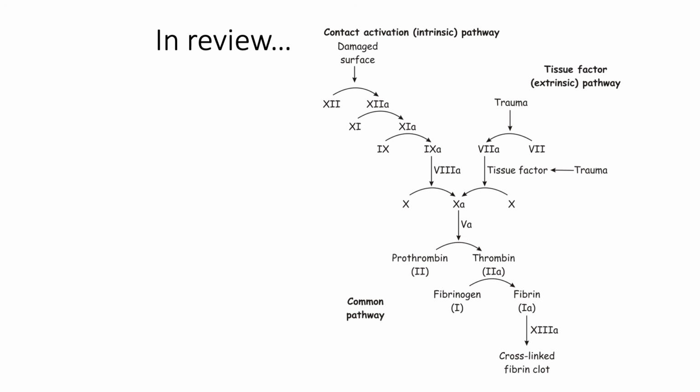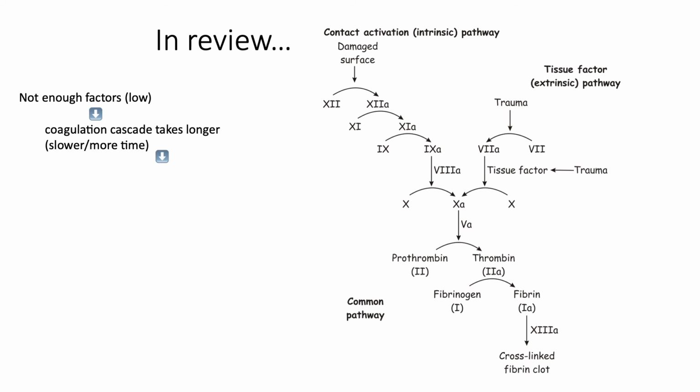If I have a patient whose blood I draw and send to the lab, and after analyzing it, they tell us this patient is low on specific factors, like they're low on prothrombin or they're low on factor 8, there are not as many of these factors floating around in their bloodstream. If we have low factors, then the coagulation cascade is going to take longer. It's going to be slower.